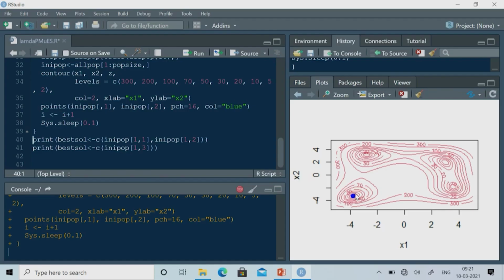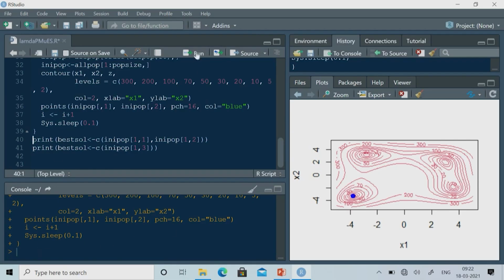So, this time we may get a better solution, because I have used a lesser value of sigma, but the idea is that you start with a higher value of sigma, and then you should reduce the value of sigma with your iteration. So, when you are approaching the optimal solution, you should have a smaller value of sigma.